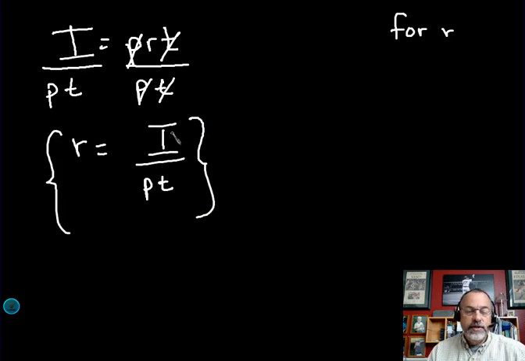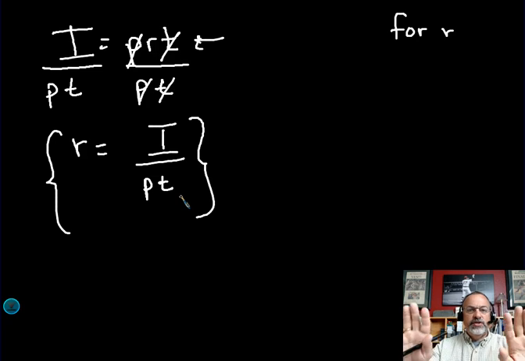Now I want you to notice I did one thing here. I applied a property that's in that list of properties that was in your book and we showed you in the video, but we didn't really talk about it, and I said we would as we use it. Notice that my original equation had I on the left and the r was on the right, and in my answer I have r on the left and everything else is on the right. How did I do that? Well, I applied what we call the symmetric property, and symmetric, think about symmetry, it looks the same on both sides.